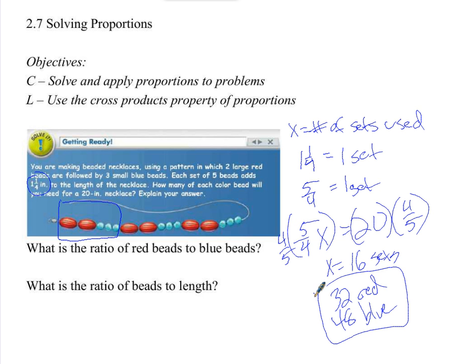All right, now off to the side, or like below this, what is the ratio of red beads to blue beads? Just look at one of the sets. What's the ratio? 2 red over 3 blue. 2 to 3, that's right. What is the ratio of beads to length?